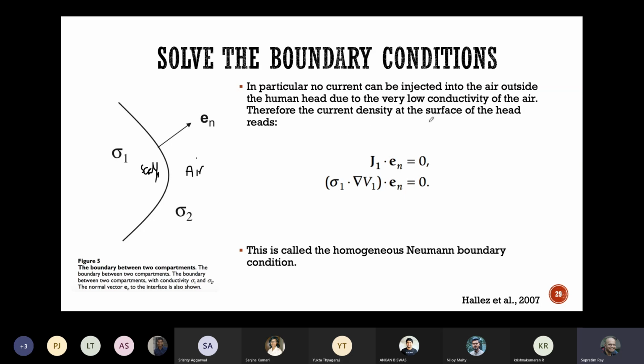So the current density at the surface of the head is just given by this. It's zero here because no current can go out into the air. This also tells you how the voltages can be at the scalp. They have to satisfy this condition. This is called the homogeneous Neumann boundary condition.